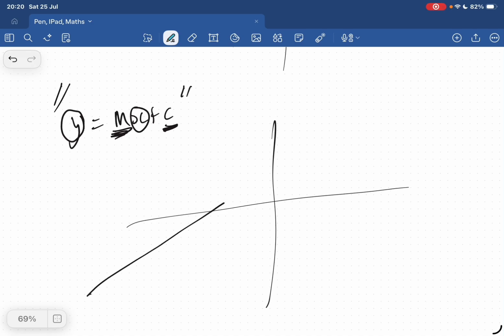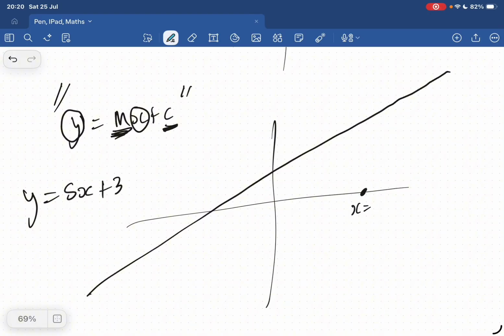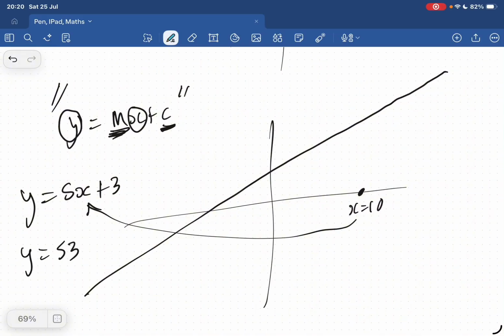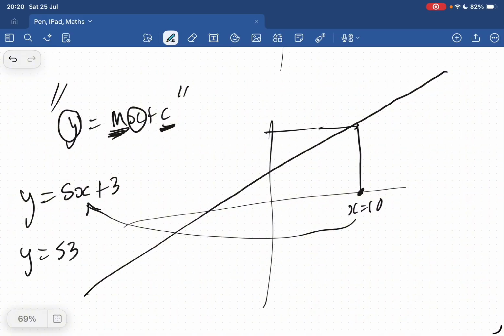When you have something like y equals 5x plus 3 and you're at x equals 10, what's your value of y? You sub in x is 10, and you get y is 50 plus 3, y is 53. So that point is on our line.